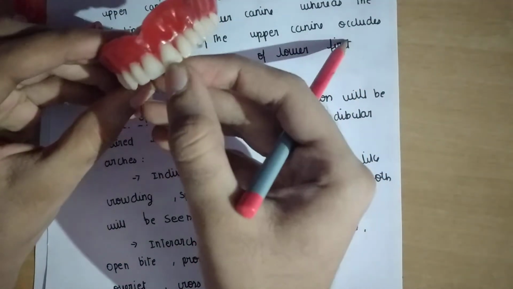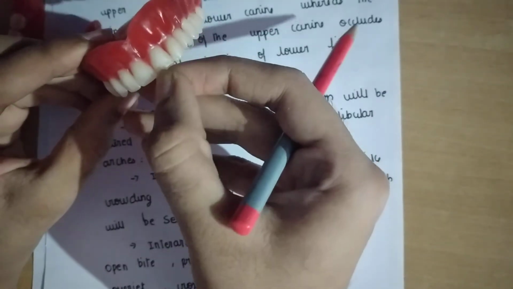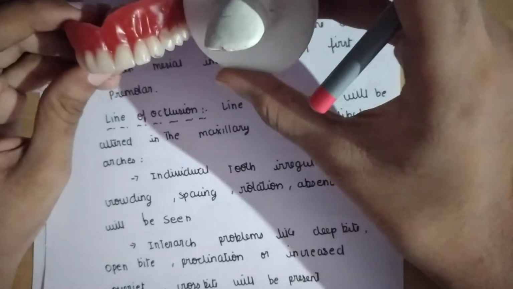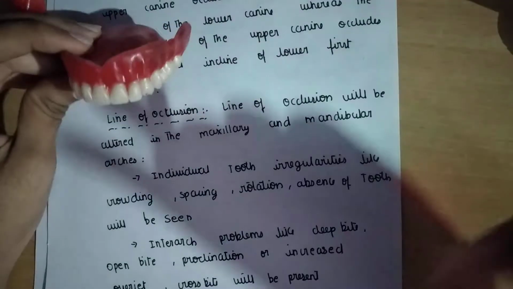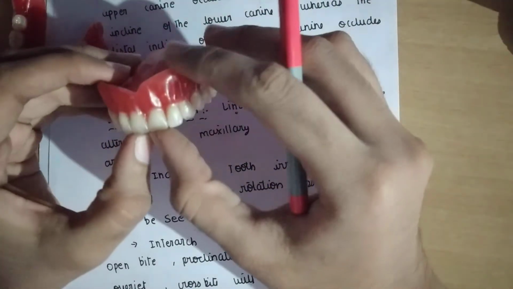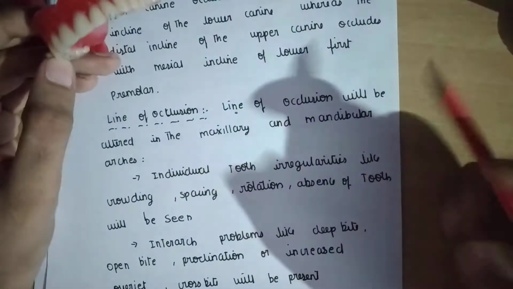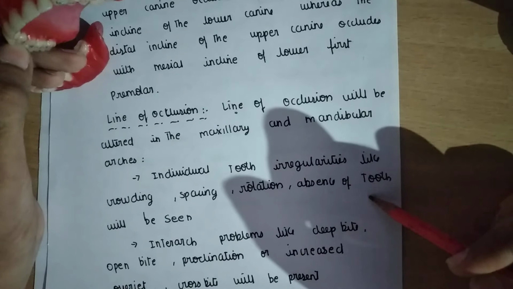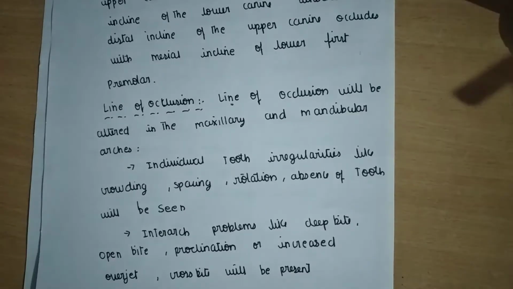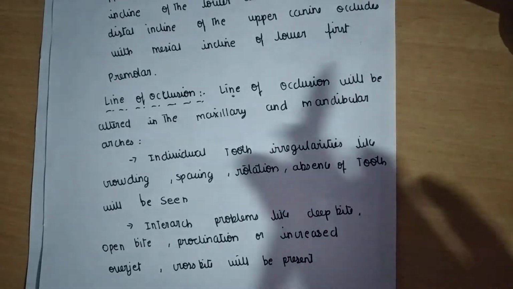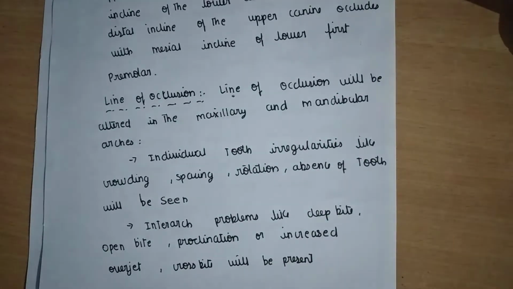With spacing, more space will be present between the teeth, and sometimes absence of a tooth is seen. If these cases are there and the key of occlusion is proper, then it is a class 1 malocclusion.